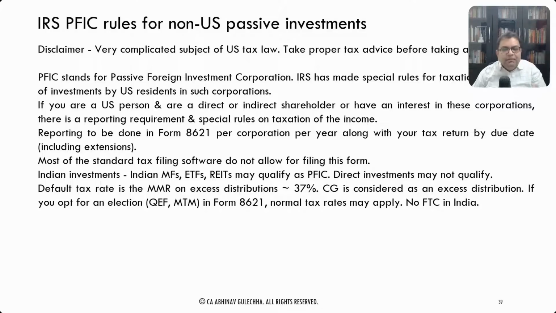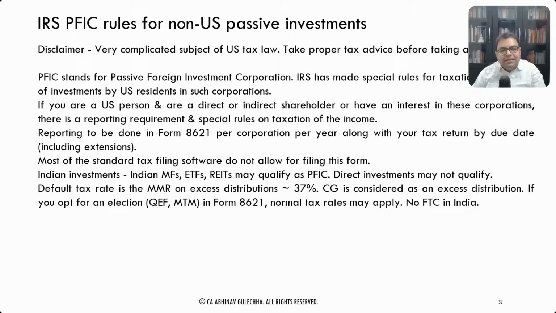But if it is income from the PFIC, then it is taxable at the maximum marginal rate on any excess distribution that you have got, right? Again, there is a definition for excess distribution, which is anything more than 125% of the last three distributions. So that's a complex thing. But any excess distributions will be taxed at the maximum marginal rate of 37%, right?